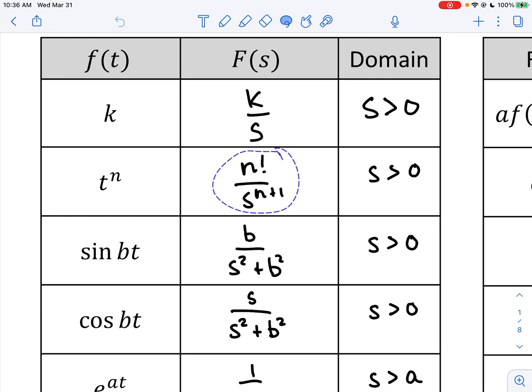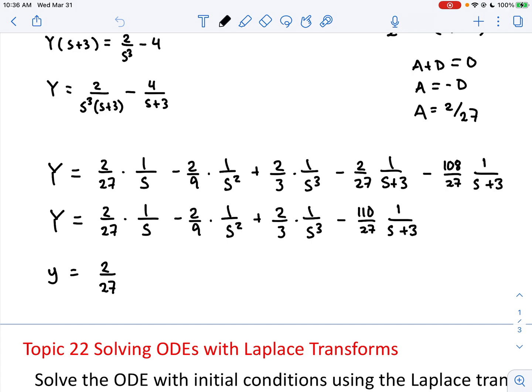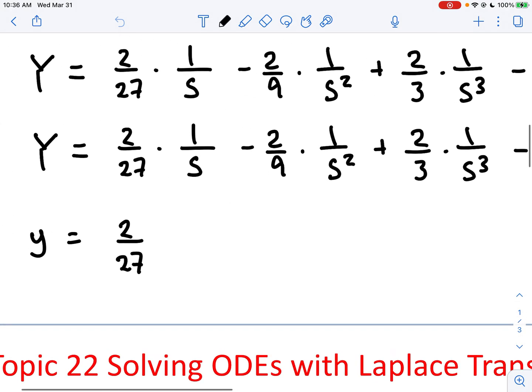So if we have a 1 over s squared, that would be the Laplace transform of t to the 1, or just t. And of course, if there's a constant in front, we just keep the constant in front. So the inverse Laplace transform of this second piece is going to be minus 2/9 times just t, because the inverse Laplace transform of 1 over s squared is t.